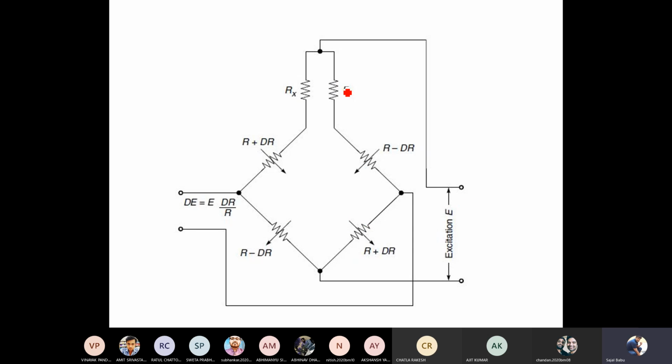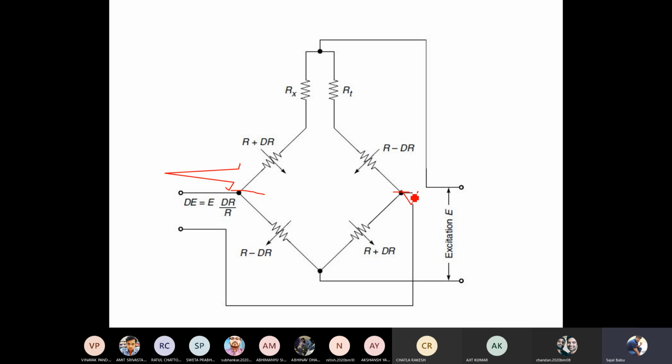So we are applying our excitation, and we are going to observe it in between the other two junctions. If we measure the voltage between this junction and this junction, the voltage, or you can call it the current, will be zero, because all the resistors are going to have equal resistance.